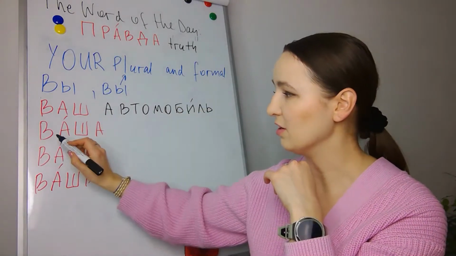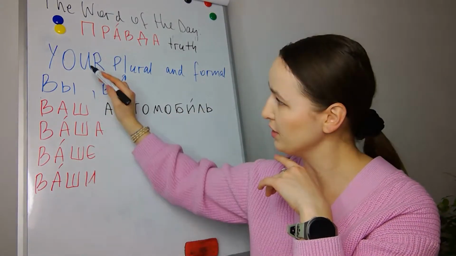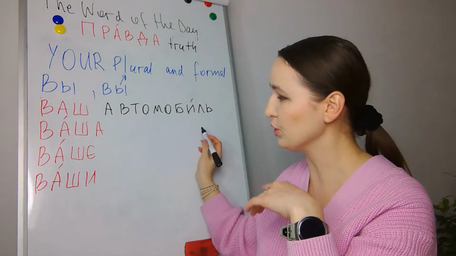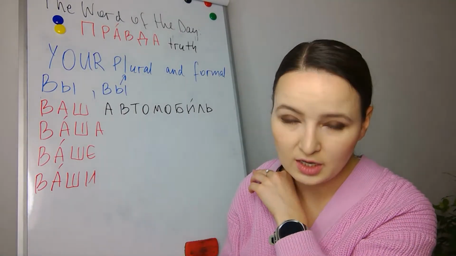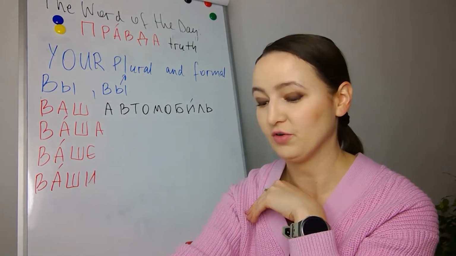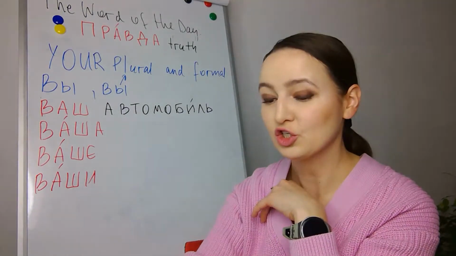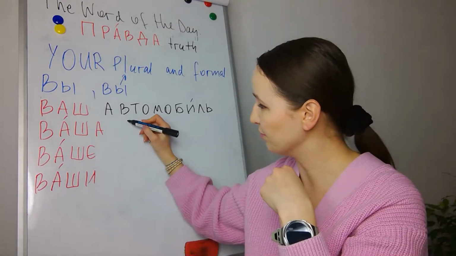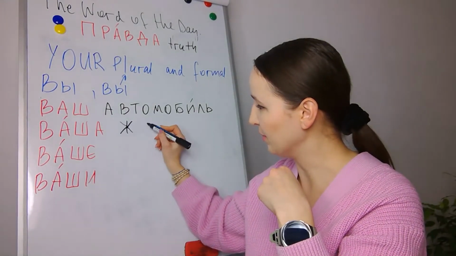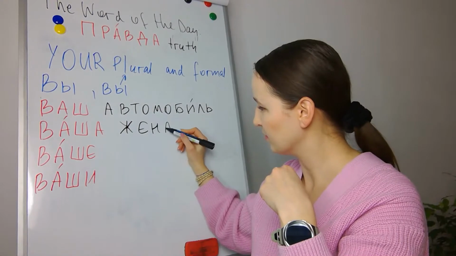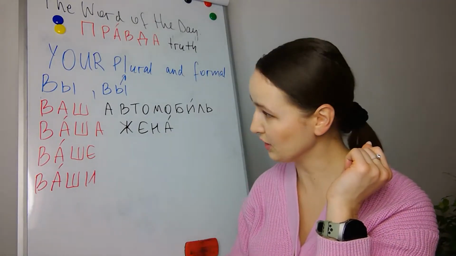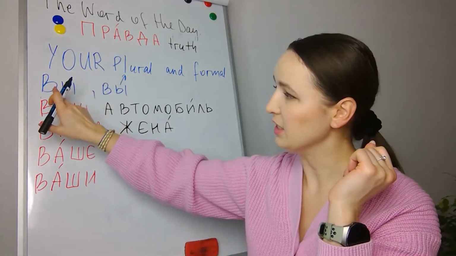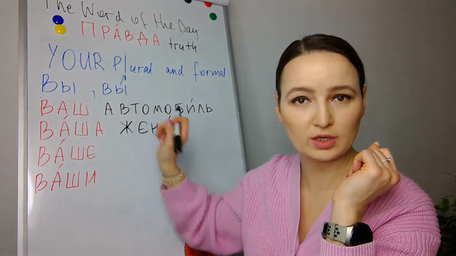Ваш автомобиль. Ваша, your, in feminine. And here we should write a noun in feminine. Ваша жена, for example. Ваша жена, your wife. In formal and in plural.